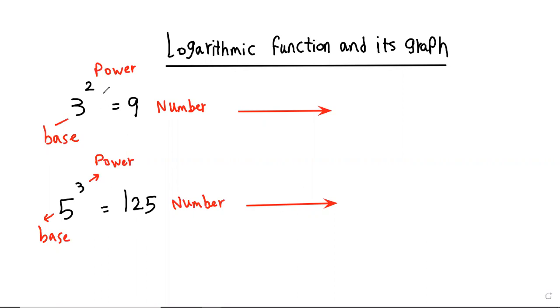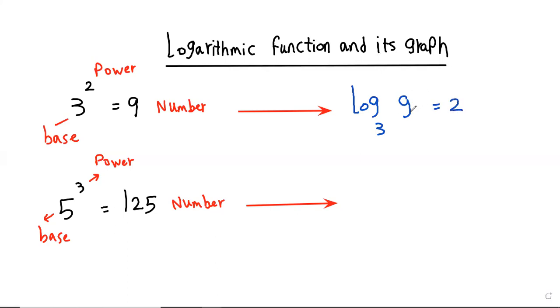Before we start, I want to show you an easy example. If we have 3 to the power of 2 equals 9, we can write this in another way. We can write it as logarithm 9 to the base 3 equals 2.